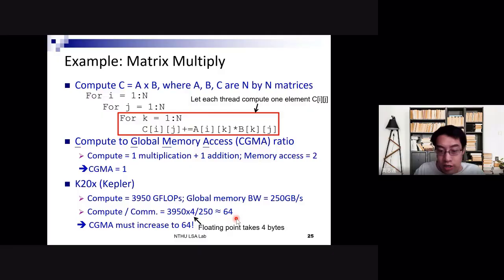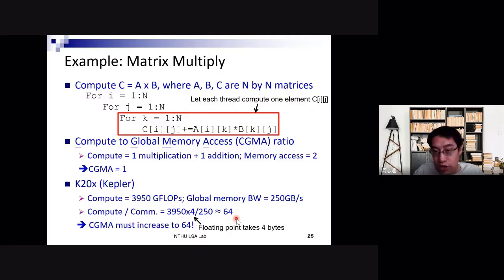Okay, so in general, if you analyze any GPU code, usually it's hard to achieve the ratio we desire over here. So usually it's bounded by the memory. Also, in the newer architecture, usually it is easier to increase the computing power than the memory bandwidth. Because for computing power, you can just add more cores to your processor.